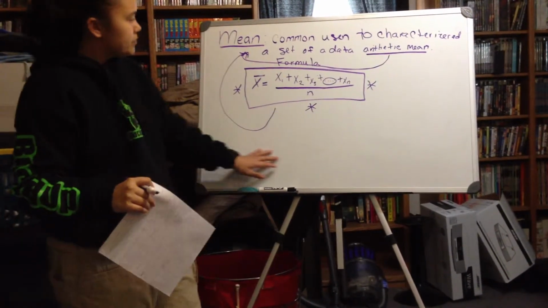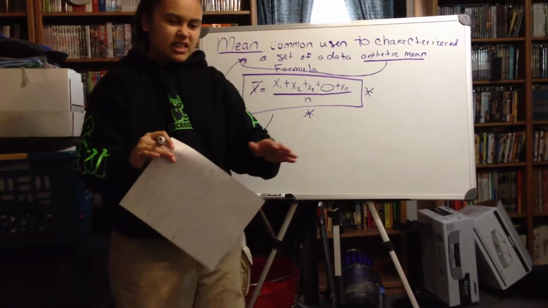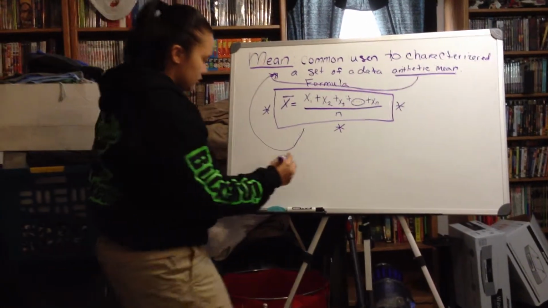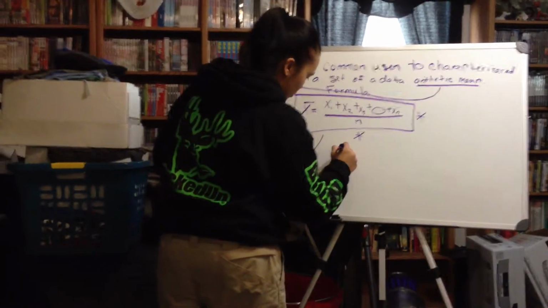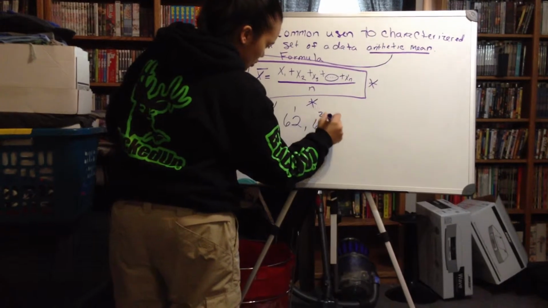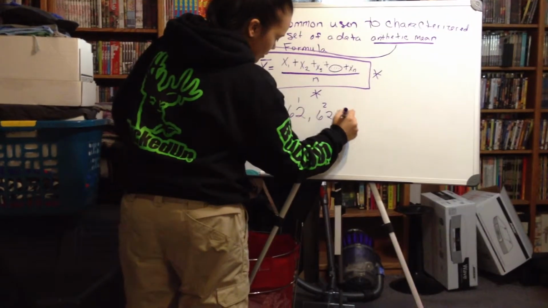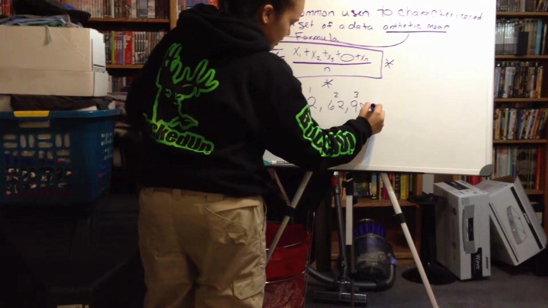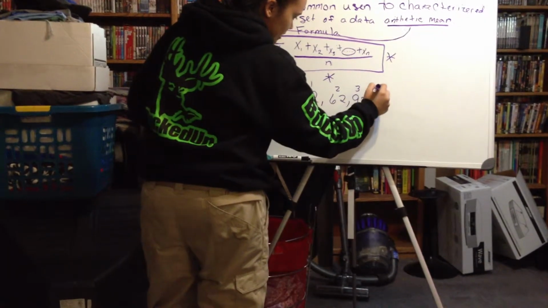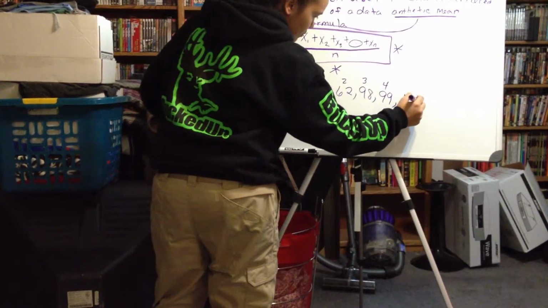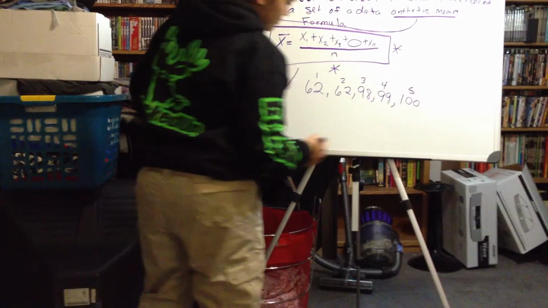This right here, this is if, say, this class had a whole bunch of test scores. We're going to sit here and say, this was your test score for test number 1, test number 2, and then say, oh, you jumped up there. That was your test number 3. Oh, look, you jumped up there again. Test number 4. Then you got this number. Test number 5.